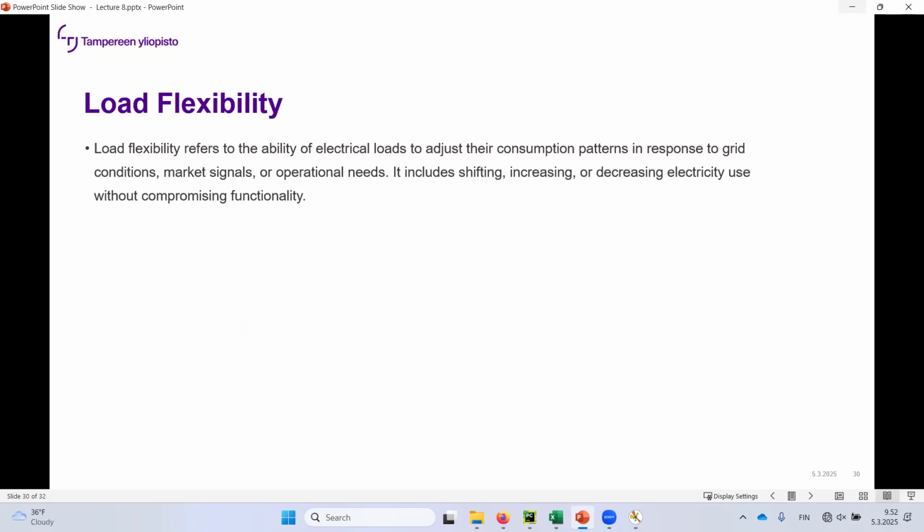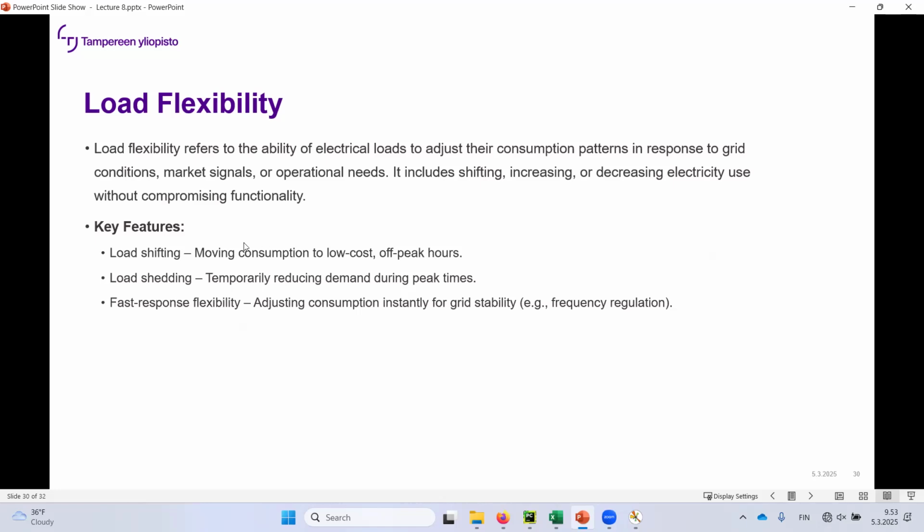So load flexibility refers to the ability of electrical loads, or maybe even heat loads, to adjust their consumption patterns in response to grid conditions, market signals. So this is the ability. Load flexibility is the ability. Load shifting, so moving consumption from high cost to off-peak hours. Load shedding, so you can just shut down the lights if it's too expensive.